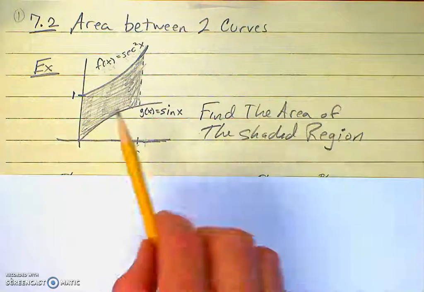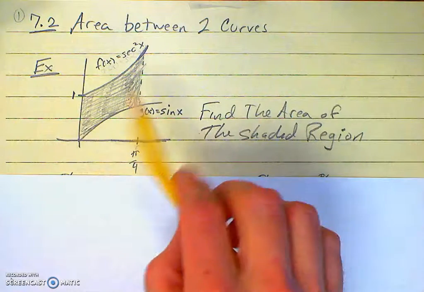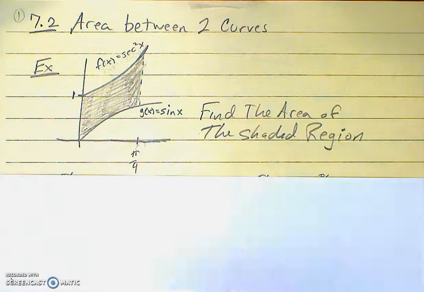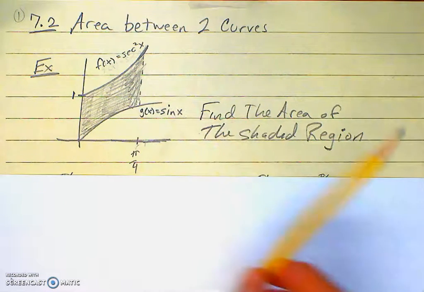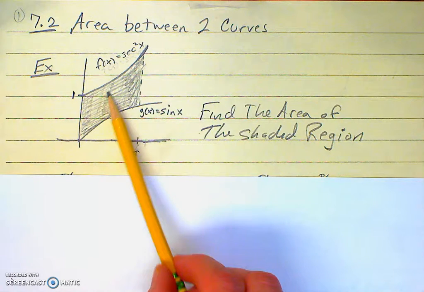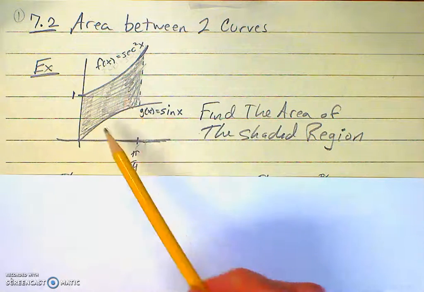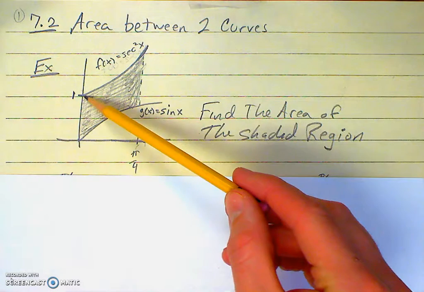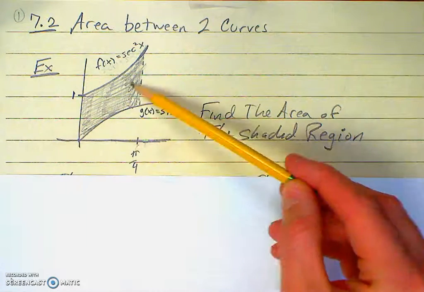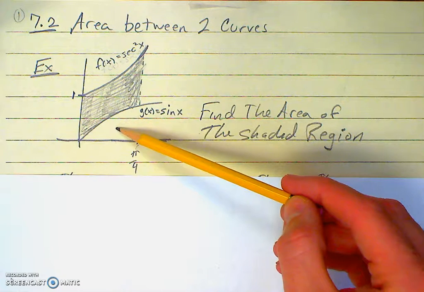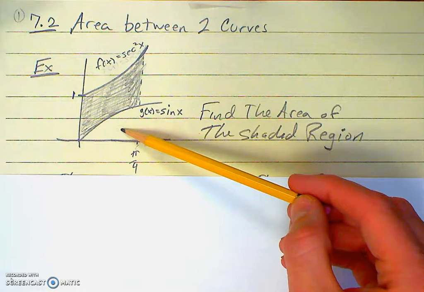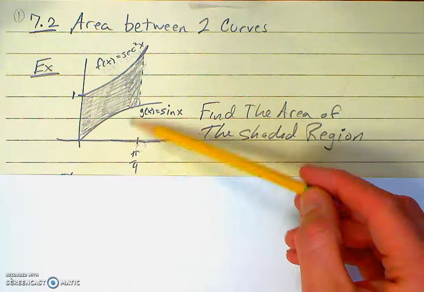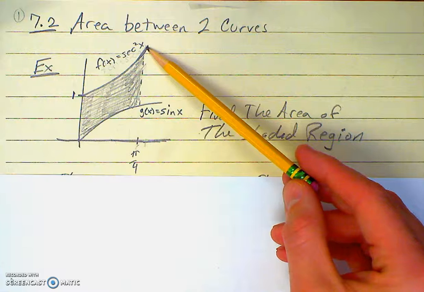So this might actually look familiar to an extra credit question from the last exam that we took, where you had to basically just write how you would find the area of this region using integrals. Okay, so if we think about it, the entire thing, so this shaded area plus this area right here, would be given by the integral from 0 to pi over 4 of secant squared x.